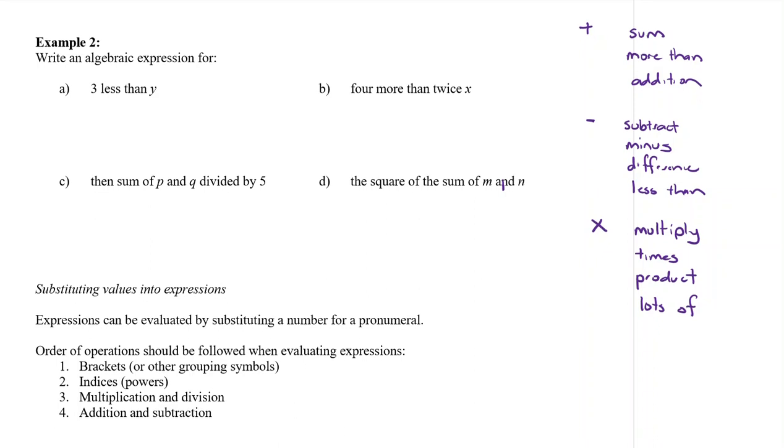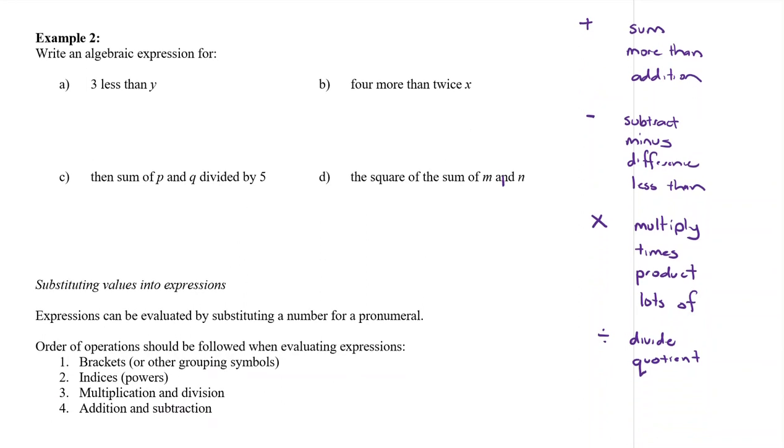And divide, obviously, is divide. Or quotient. Or what was the one that we had before? It said shared. That's a good one. Shared. Because it's a good little list to have, and if we come across any others, we can add them to it. But that's a good thing to keep in mind when you're doing these questions.